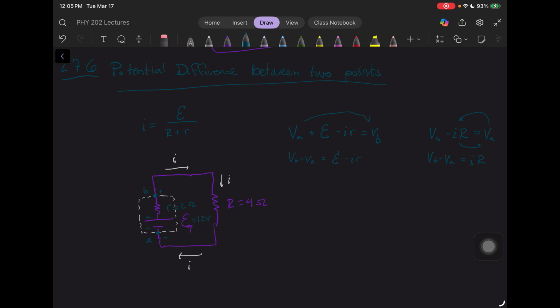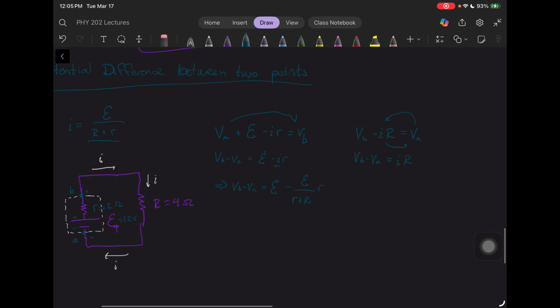Okay. And so we can plug that in here, and we get VB minus VA is equal to the EMF minus I, which is all of this, EMF over R plus r times little r.